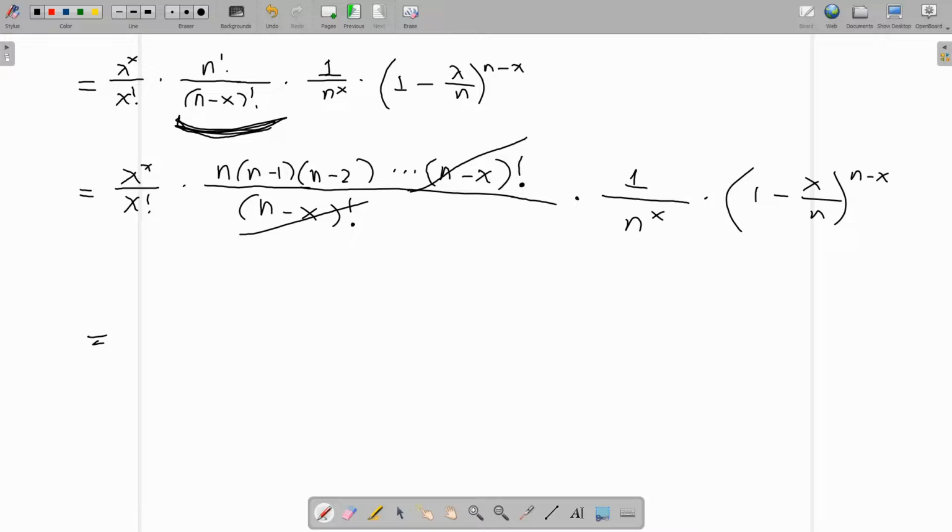And then let us combine the result with 1 over n raised to x.